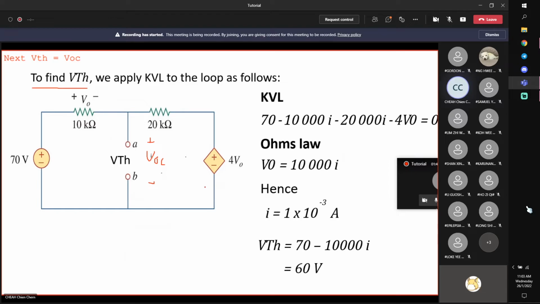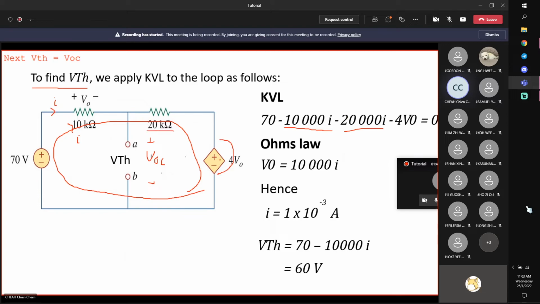You can use mesh analysis, apply a mesh current this way. Let's call it I. Then Kirchhoff's voltage law, you write down one equation: plus 70, voltage across 10 kilo ohms by Ohm's law, voltage across 20 kilo ohms by Ohm's law.